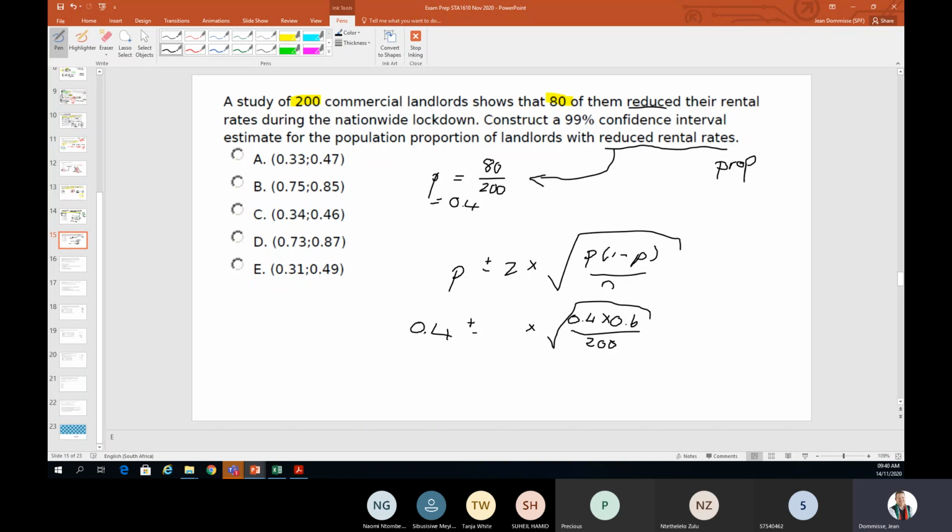Because it's 0.4, my lower one must be less than that. So this can't be an option, and that can't be an option, because that is going to be in the middle. The lower one needs to be less than that. 0.75 is not, and 0.73 is also not. So that tells me already I can eliminate those two.